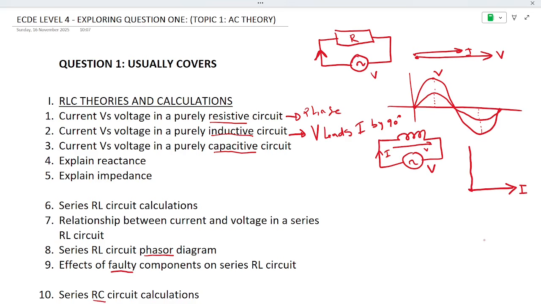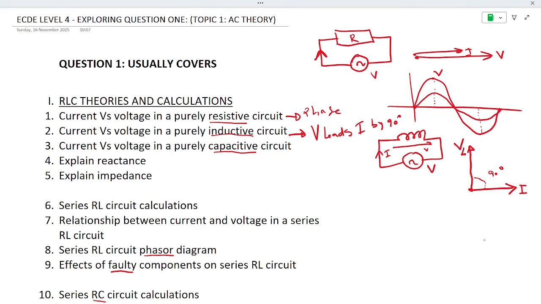So the voltage VL, which is the voltage of the inductor, is leading the current in the circuit by 90 degrees. That's what happens in an inductive circuit.